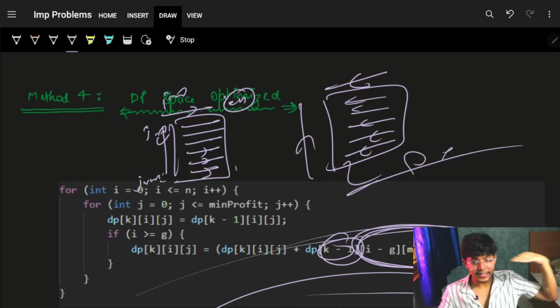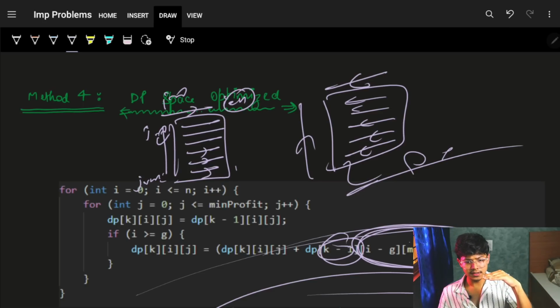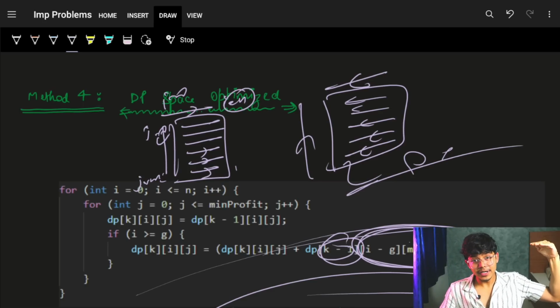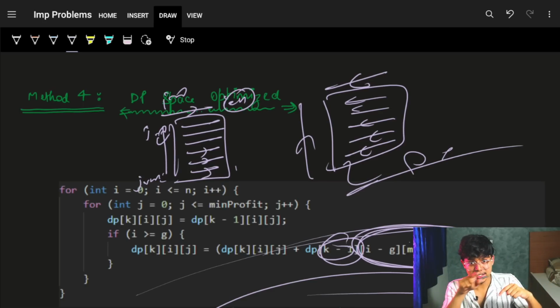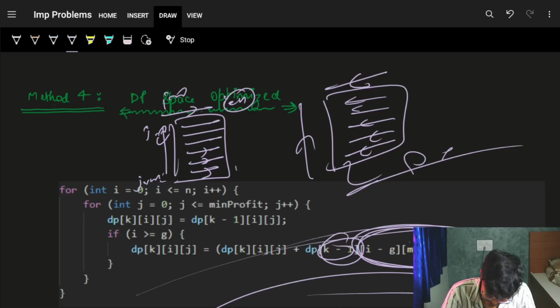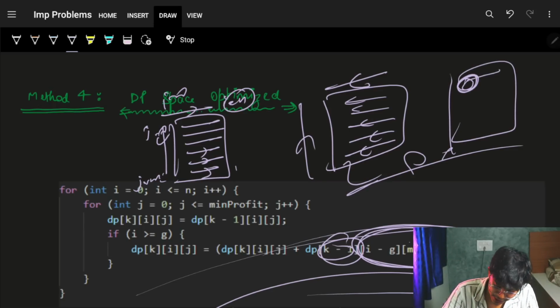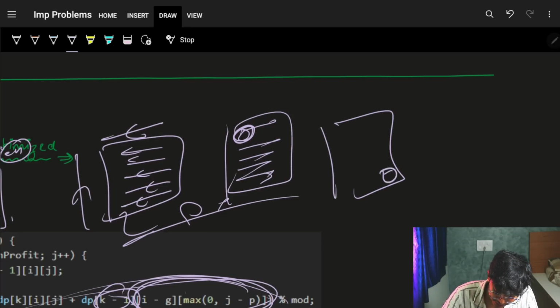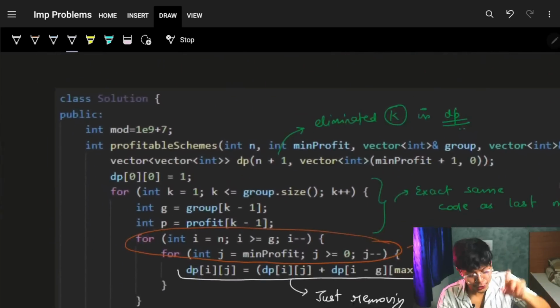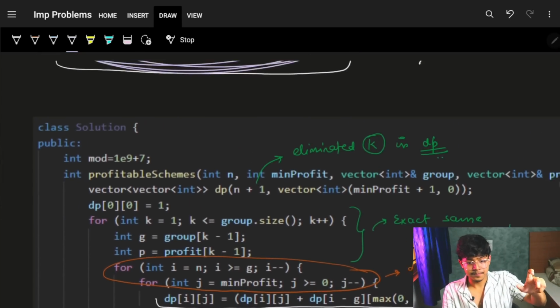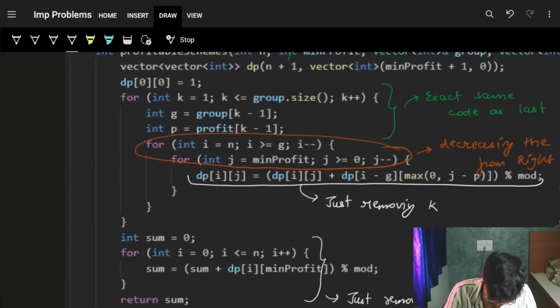Earlier you were iterating like this, from top left to bottom right. But now you have to iterate from bottom right to top. I'll show why. But firstly, let's see the code.